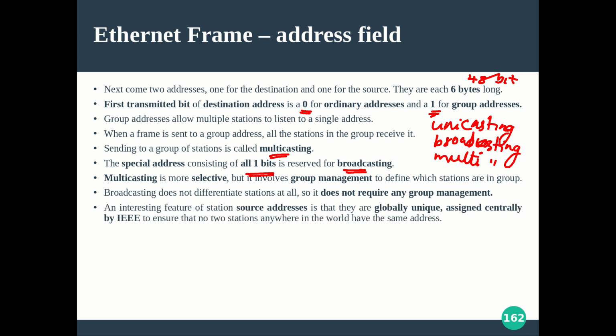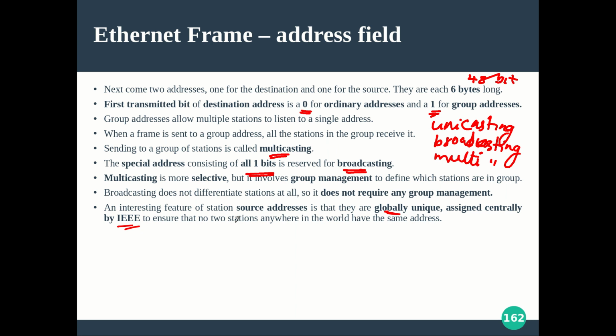An interesting feature of the source address, compared to the destination address, is that it is found to be globally unique, assigned centrally by IEEE. So this 48-bit address is found to be globally unique. Actually, we don't have such a global uniqueness requirement. Once you reach the local area network, that is the only time you need this 48-bit address to be unique.